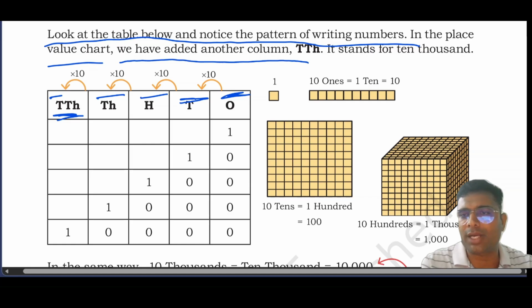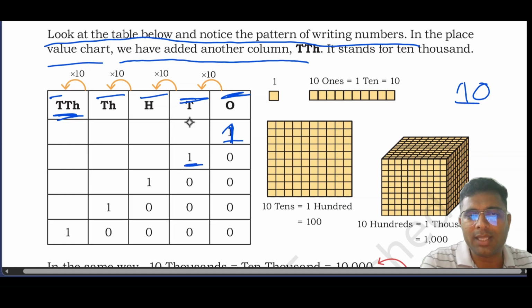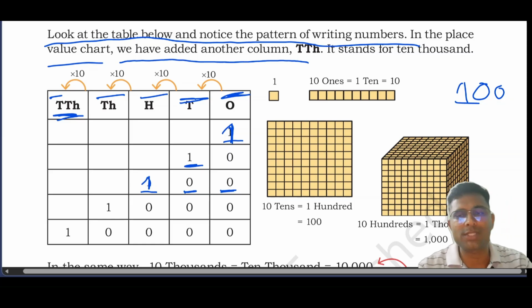So if we have to write only one, it will come in the column of ones. If we are writing 10, then you will write 1 in the column of tens. If we are writing 100, you will write 1 in the column of hundreds, and in the columns of tens and ones you will write 0, 0.